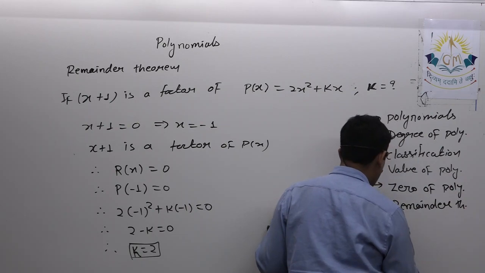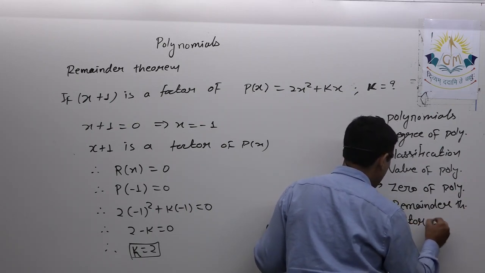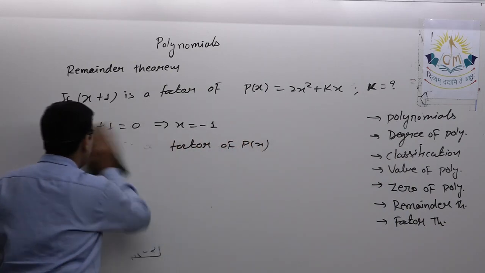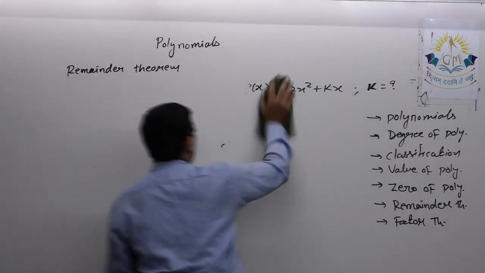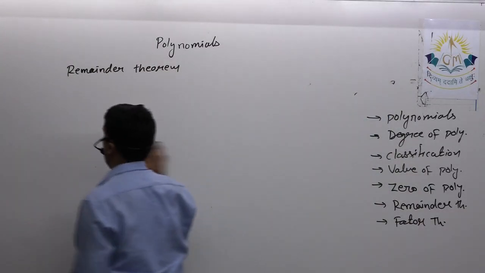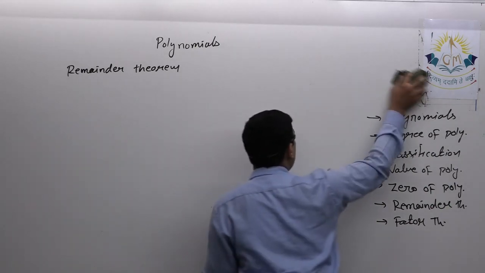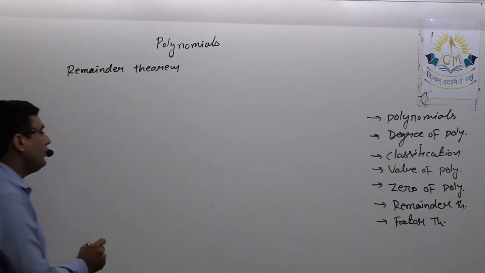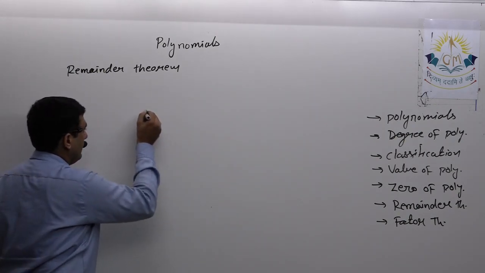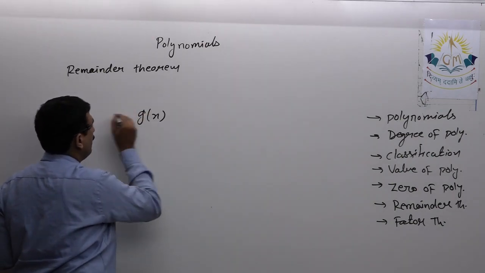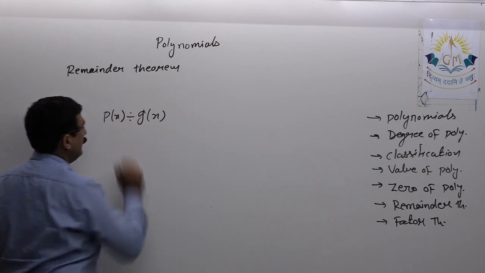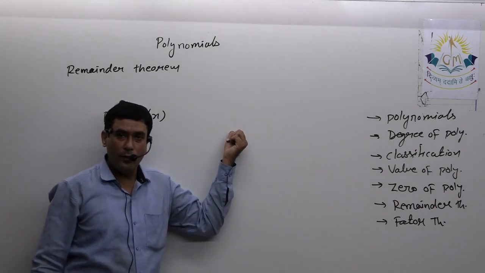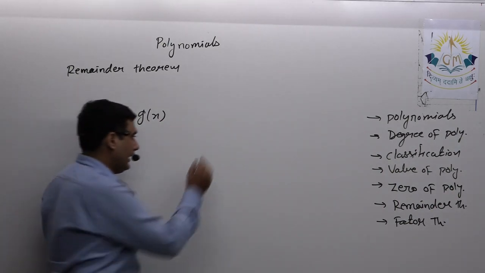In this way, if on dividing a polynomial by another polynomial the remainder is 0, then if I divide p(x) by g(x) and the remainder is 0, I will say g(x) is a factor of p(x).